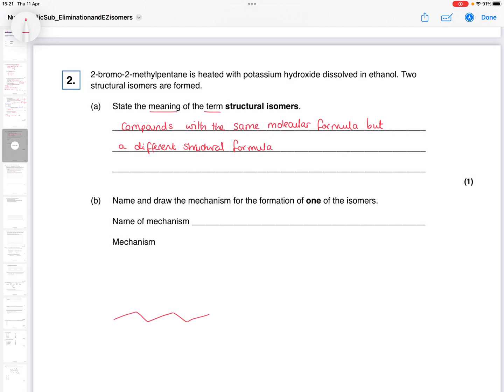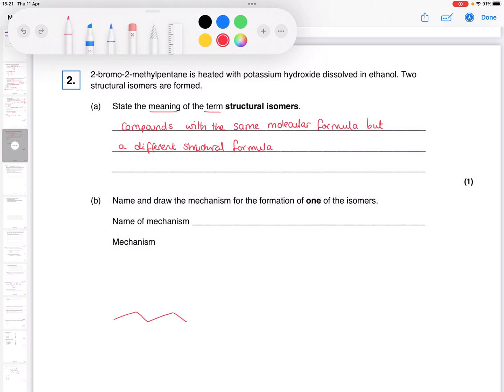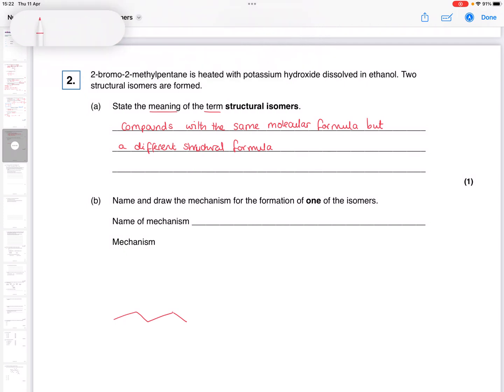Hang on a minute, I've drawn 6. 1, 2, 3, 4, 5. We've got 2-bromo, 2-methylpentane. And we're going to heat it with potassium hydroxide dissolved in ethanol, so it's going to do an elimination reaction.